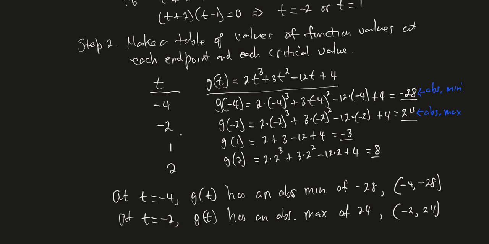We don't know which is which, so that's why we find all the critical values and then we test. This table is sometimes called a candidates test, where you've identified the possible values at which the absolute extrema occur, and then you narrow it down by evaluating your function.